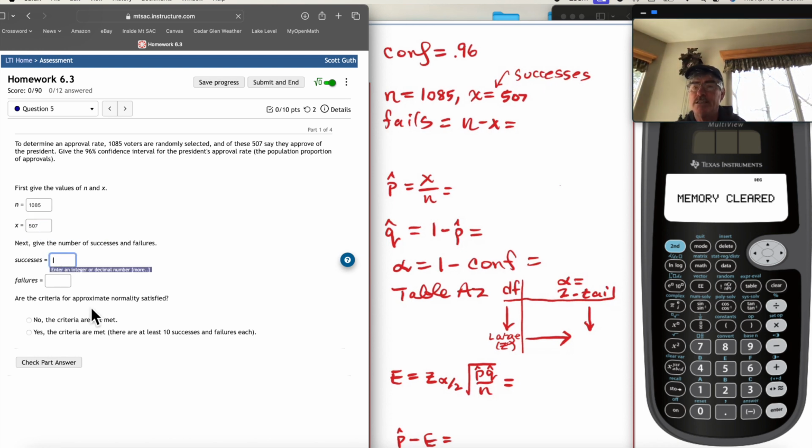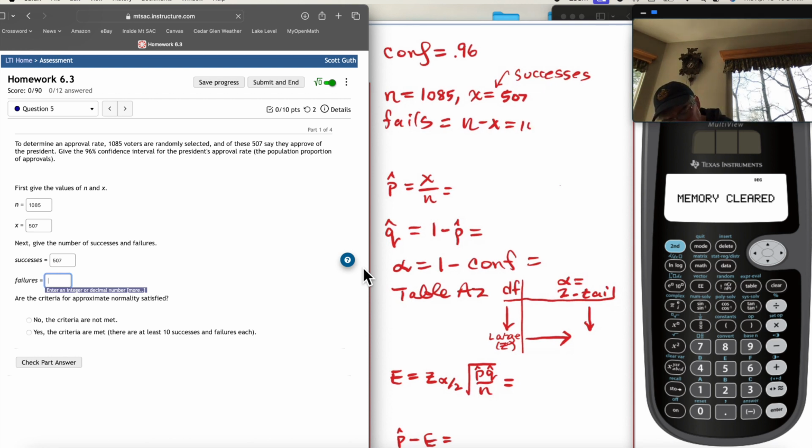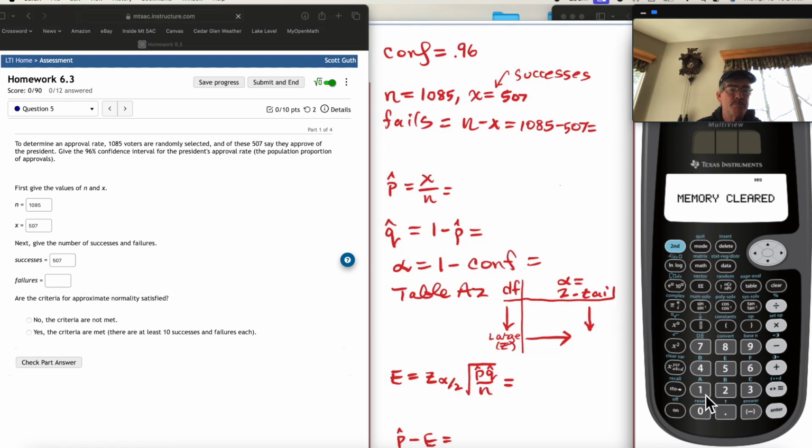Okay, and so that's 507, x is always the number of successes. And the failures, we'll have to do n minus x. So 1085 minus 507. Do that over here. Okay, so that's 578.